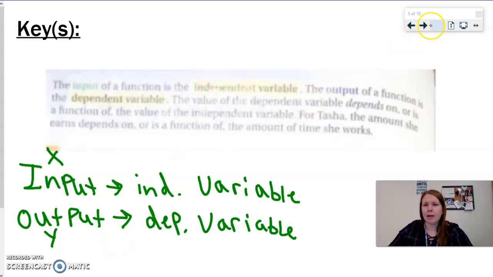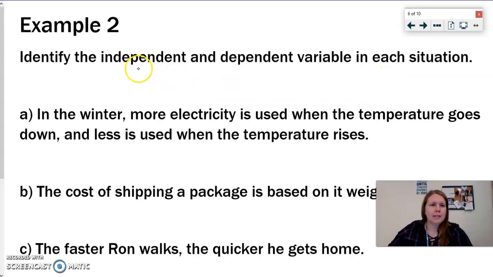So we're going to take a look at some other examples and decide my independent variable as well as my dependent variable. It says identify the independent and dependent variable in each situation. So I'm going to read each one, and then I'm going to label independent and dependent.